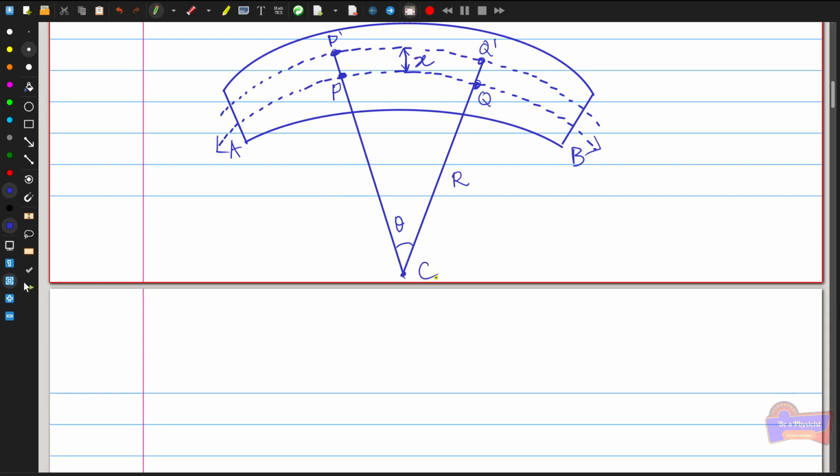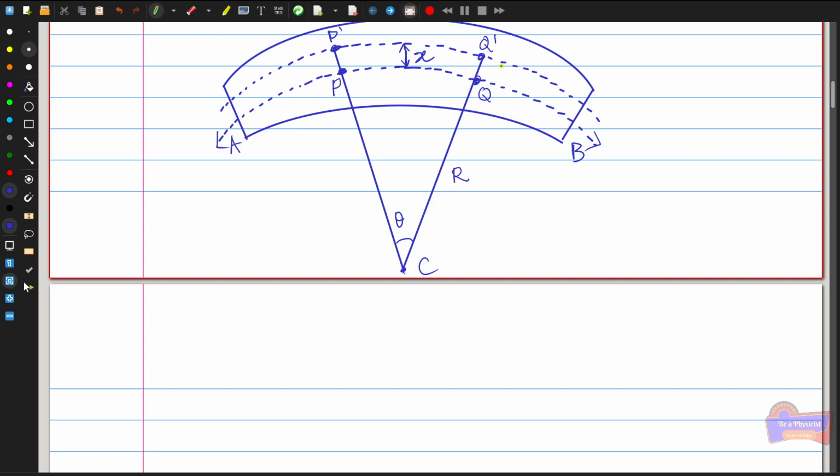Let us take this point as C, and the angle between P, C, and Q is theta, and the distance between Q and C is taken as R. So I can find out the length of the arc PQ, which can be written as R times theta. So this is the length of PQ.